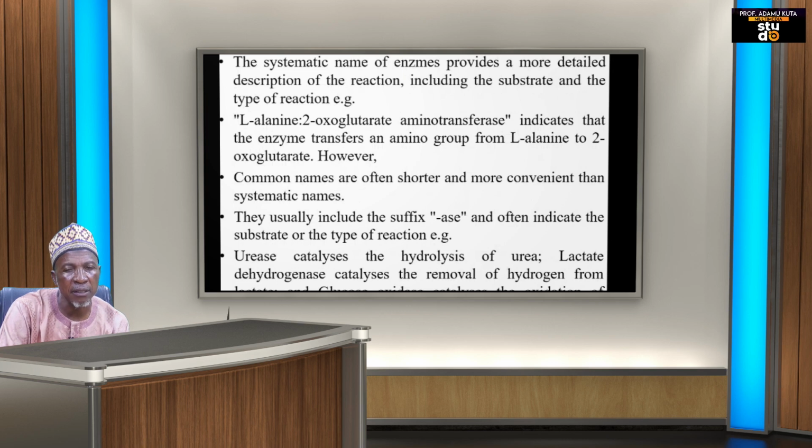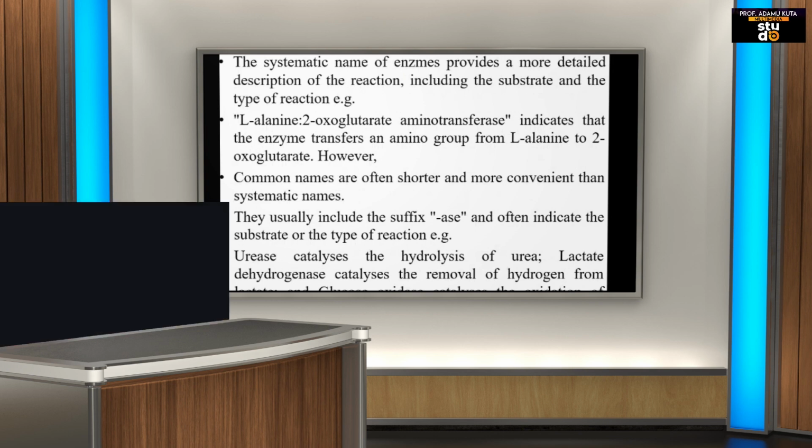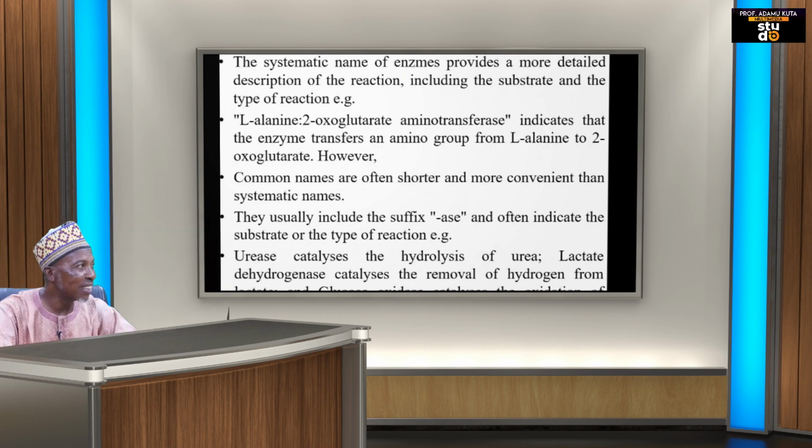We also have common names. Common names are usually derived from the name of the substrate, and ase is added to give it the connotation of an enzyme. Urease, for example. Urease catalyzes hydrolysis of urea. Urea is the substrate, and the name is derived from that substrate, and the enzyme is called urease.